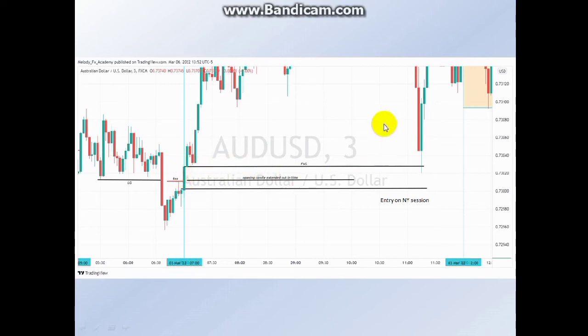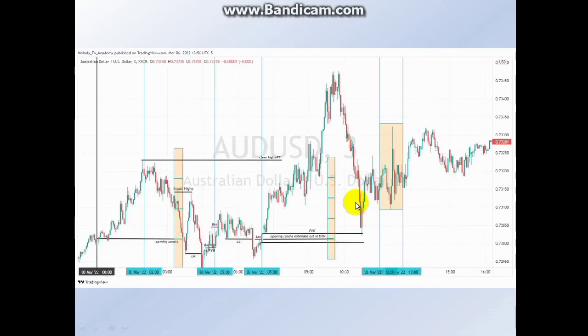Okay, and as you can see, price came back after a long time and gave us a nice entry, filling our order here. After filling us in, price moved away swiftly.